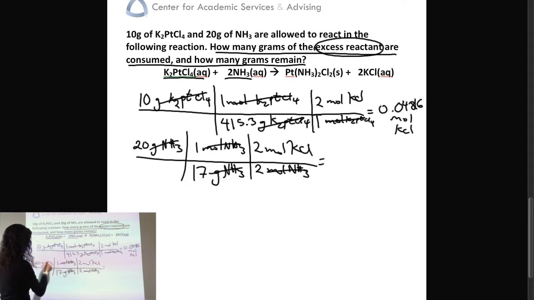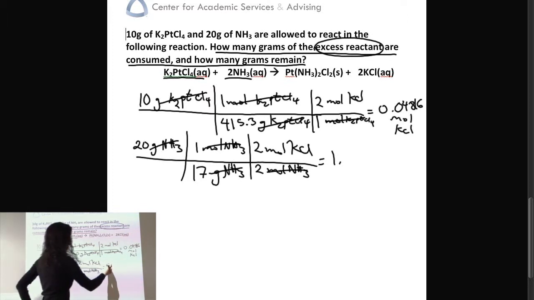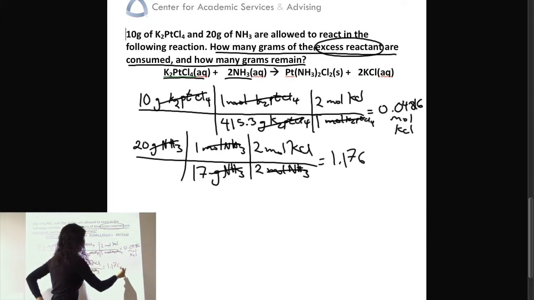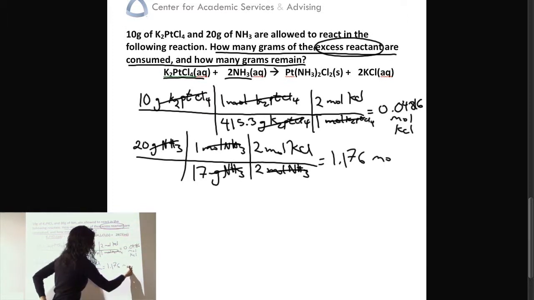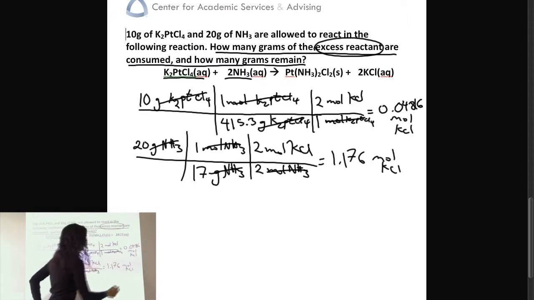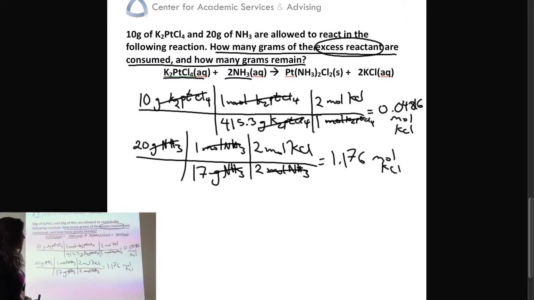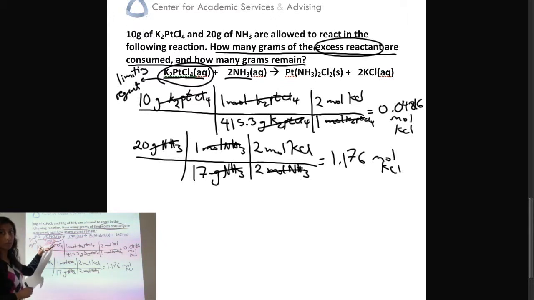Let's cancel out, and we'll get 1.176 moles of KCl. So clearly, this one is our limiting reagent. And so we know that all of this reagent will be consumed, and some of our ammonia will be consumed, but some of it will also remain.